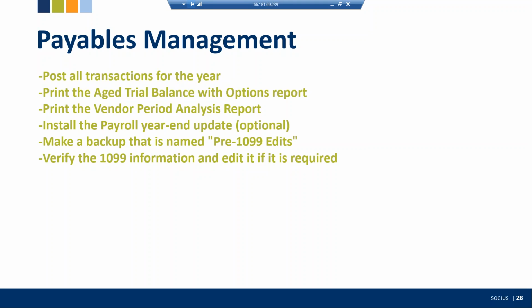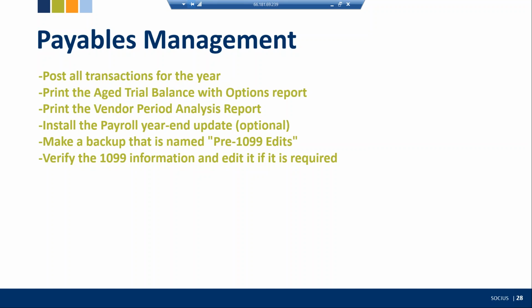But that year-end update is also really more of a service pack, so to speak. And so there have been times where in that year-end update, there's also an update to the 1099 form as an example. So I think it would be wise to at least understand what's in the year-end update before running your close. That's what I would suggest. There is a document that will tell you all the features that are added in the payroll year-end update so that you know.